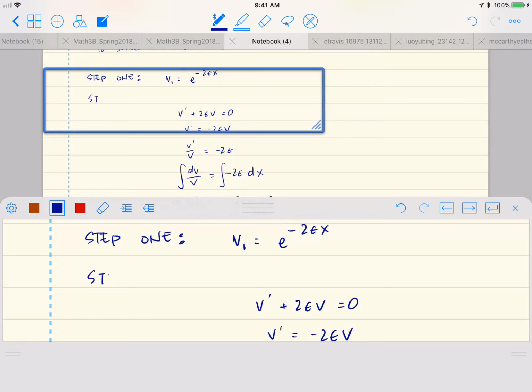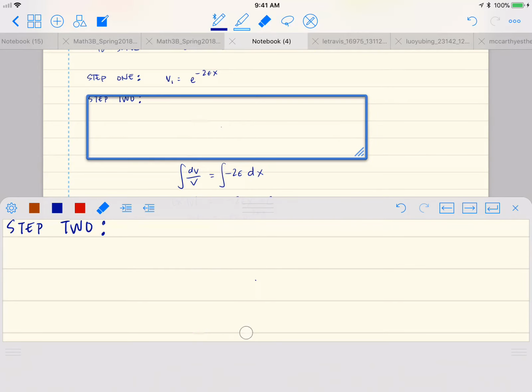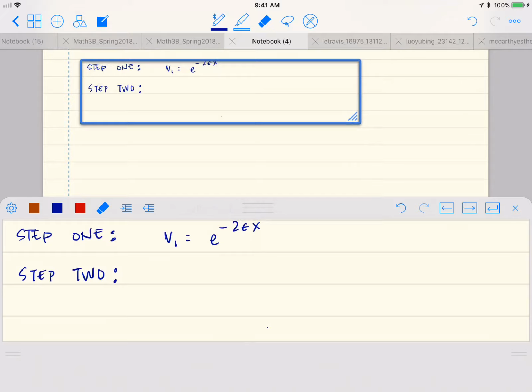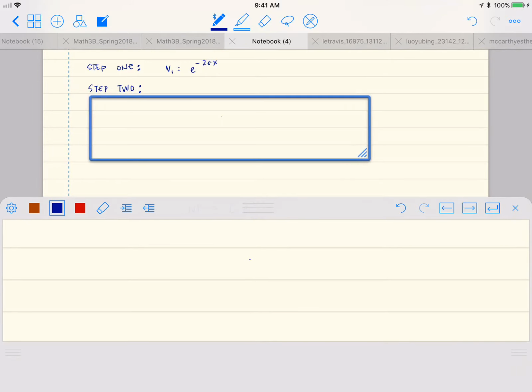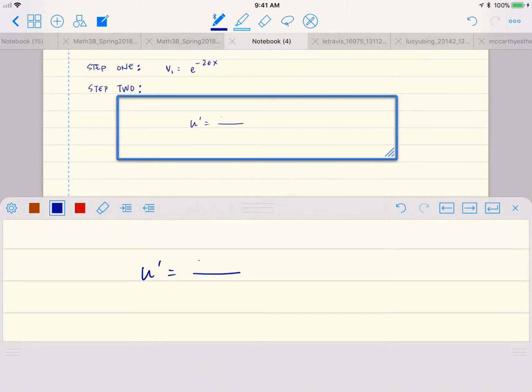Now we need to do step 2. Step 2, as we recall, is finding u. In order to find u, we integrated u prime. So we have u prime equals, in the denominator, our v1, which is e to the negative 2 epsilon x.